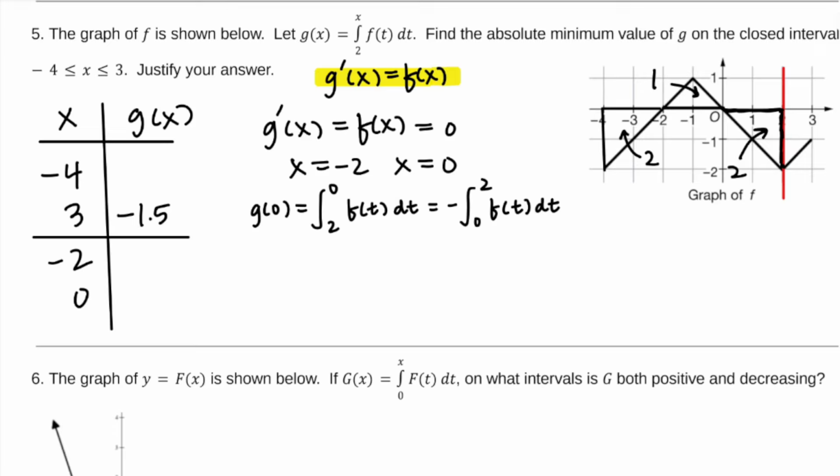Okay, and one of the students in my class always runs circles around me on this, but that's okay. I always make mistakes on this. And so I'm going to say that this is the negative of negative 2. I'm going to confidently put in a 2 there. All right, g of negative 2 is going to equal the integral from 2 to negative 2, and we're going to go through the same process here.